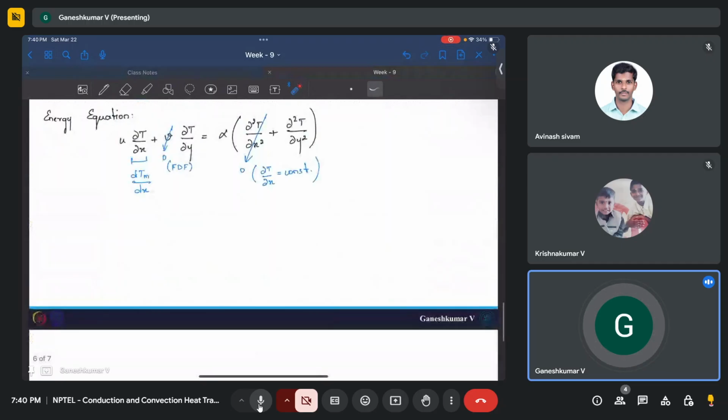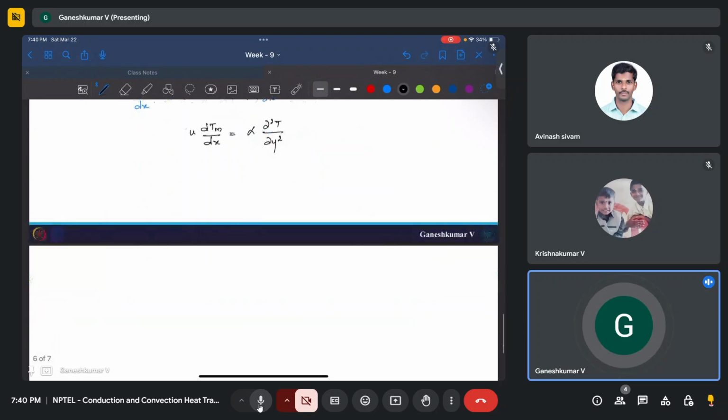So now if you simplify this, it becomes u dTm by dx equal to alpha times dou square T by dou y square.